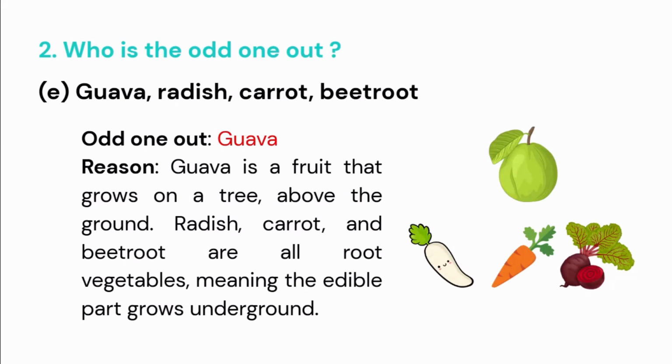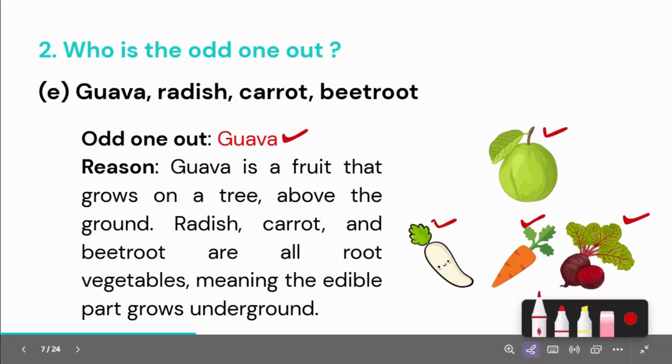Next, guava, radish, carrot, and beetroot. The odd one out from this is guava. Why? Because guava is a fruit that grows on a tree above the ground, while radish, carrot, and beetroot are all root vegetables, meaning the edible part grows underground.